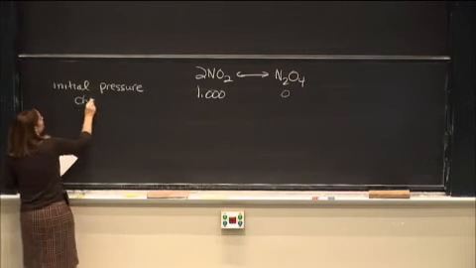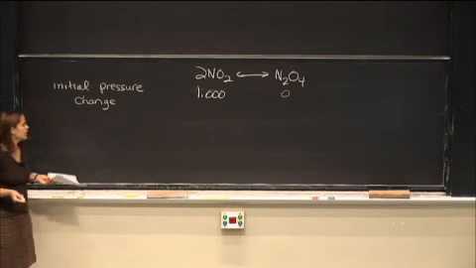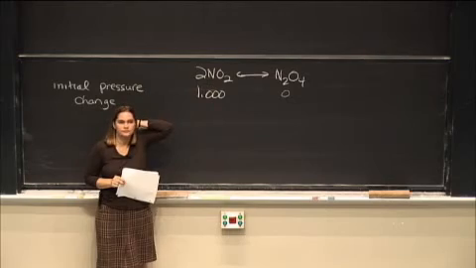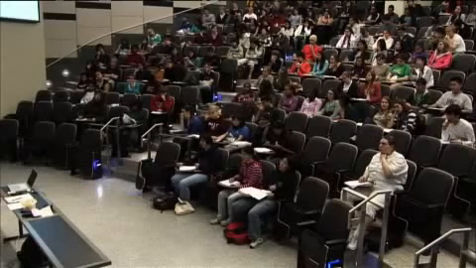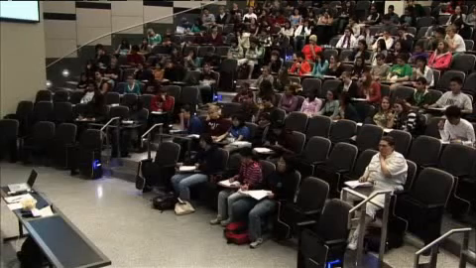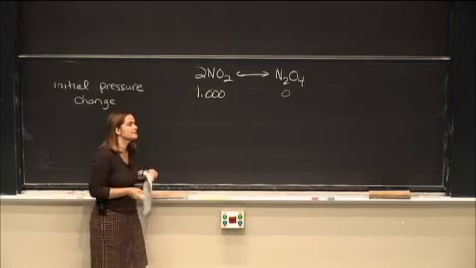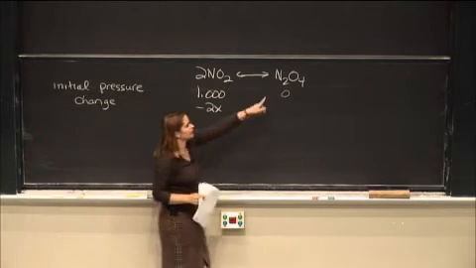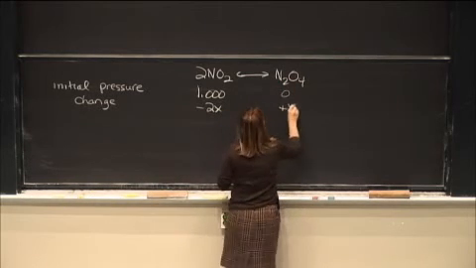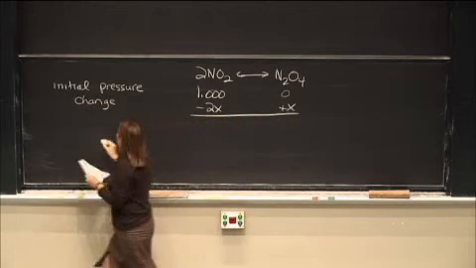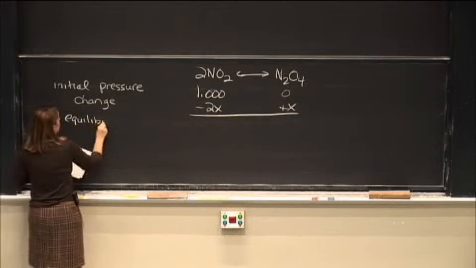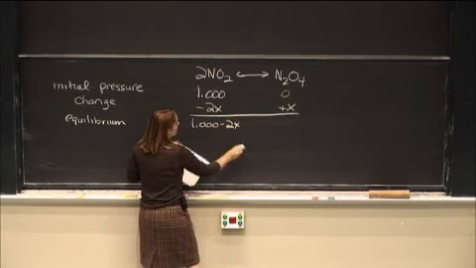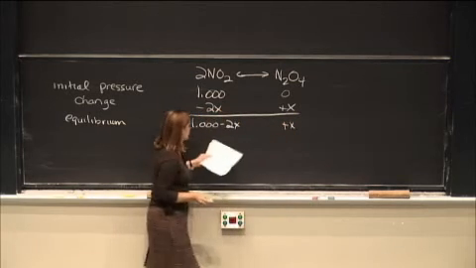Now we talk about the change as we go toward equilibrium. How much does the reactant change? What do I write here? Minus 2x. So again, we're considering the stoichiometry, and what's over here? Yeah, so just plus x. And then at equilibrium, we now have 1 minus 2x and x.